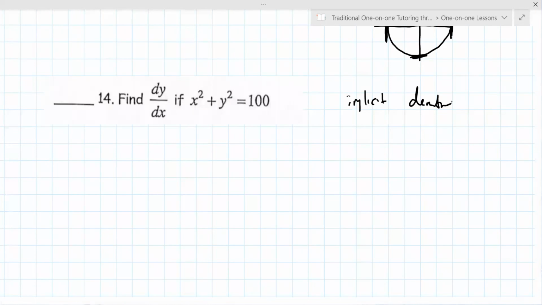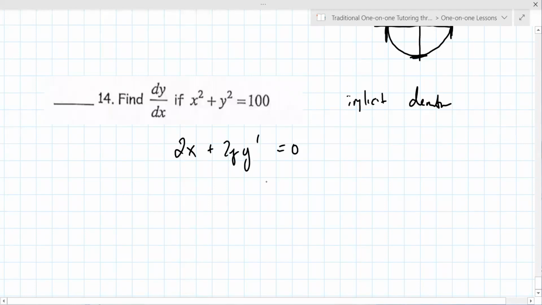X squared plus y squared equals 100. 2x plus 2y y prime equals 0. Very good. So I want you to solve for y prime and simplify.